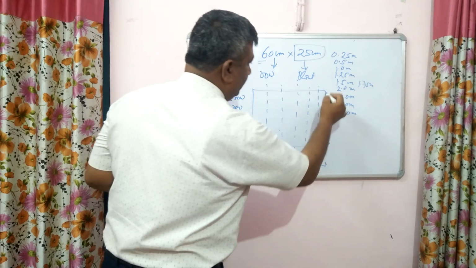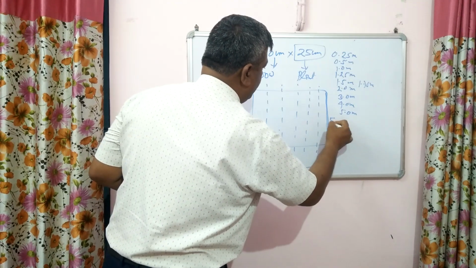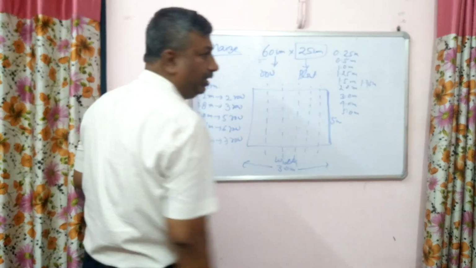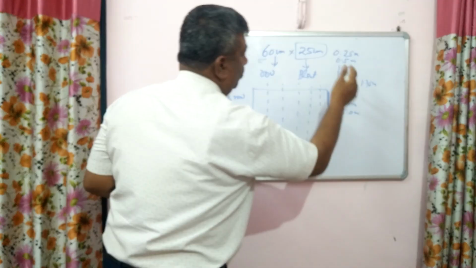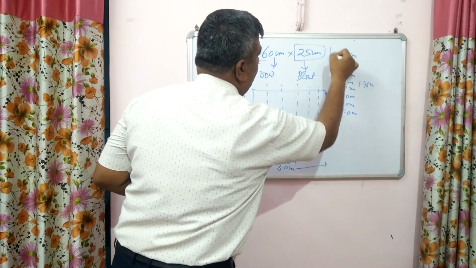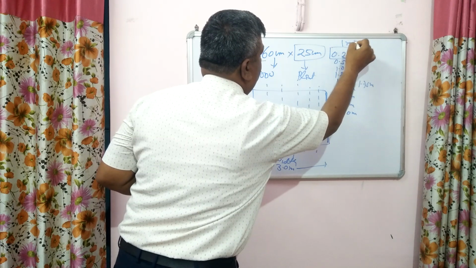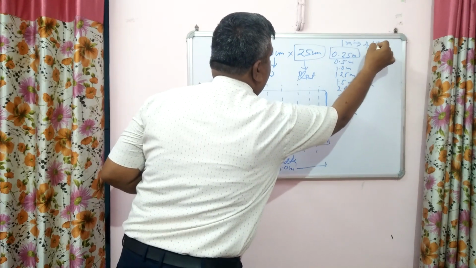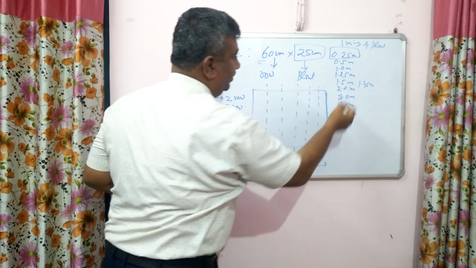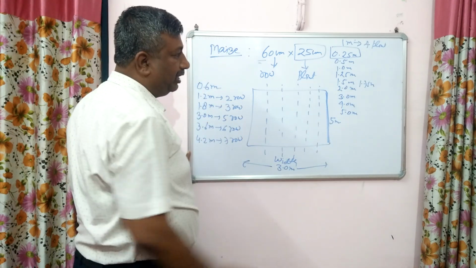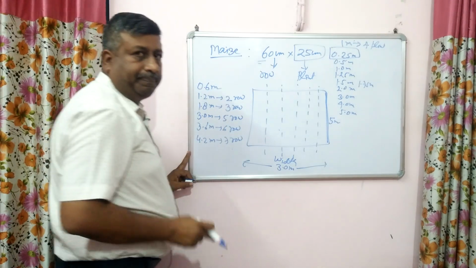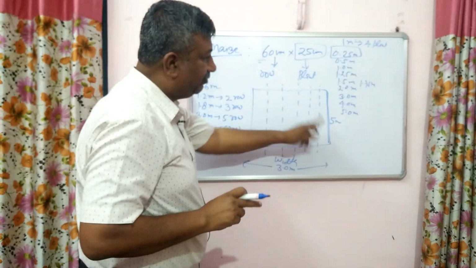So suppose we have 5 meters. How many plants will be in one row? In 1 meter this is 0.25, so in 1 meter there will be 4 plants. So in 5 meters there will be 20 plants. So there will be 20 plants in one row if the length is 5 meters.